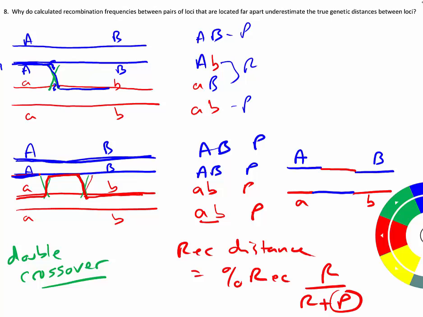Now the way we do this, we're generating more parentals, it's going to decrease the apparent number of recombinants. So this is an underestimate of the true genetic distance, because the true genetic distance is that they're really far away. But when we start getting more crossing over, now we start to regenerate those parentals, and it makes it look like recombination never occurred.